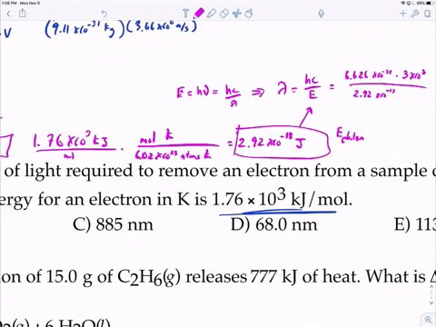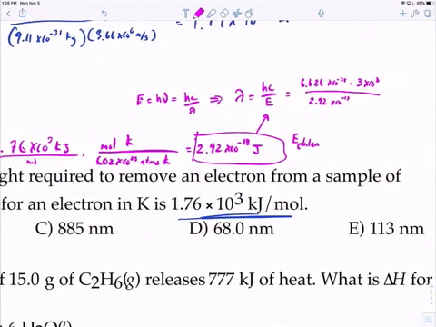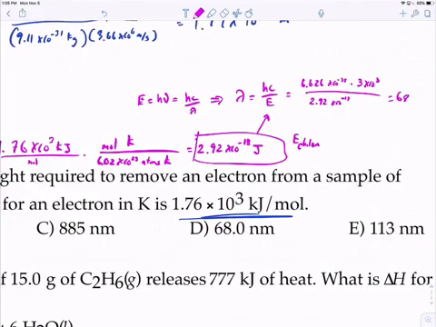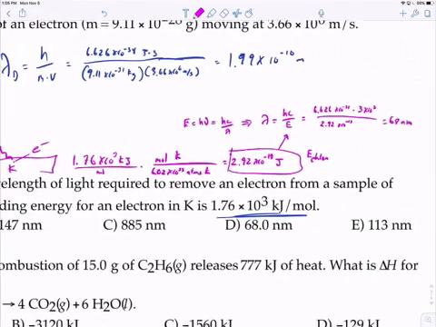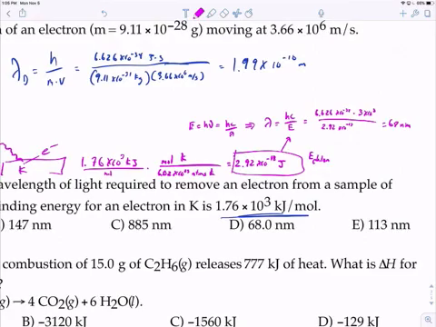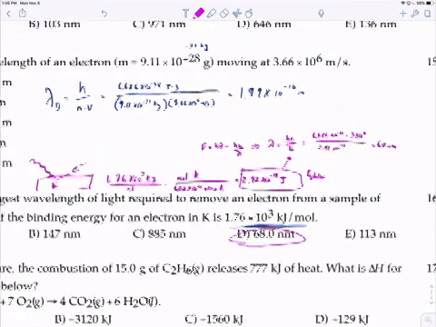Okay, I'll be fast. 6.626 E minus 34 times 3 E 8 divided by the second answer, and this is 68 nanometers, which is right there.